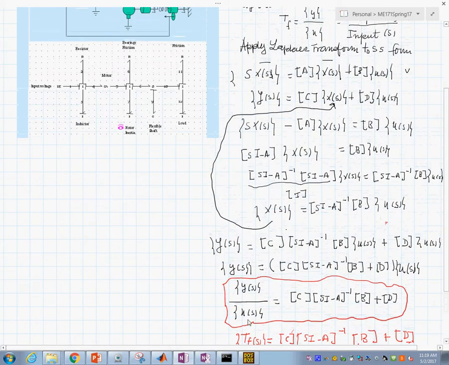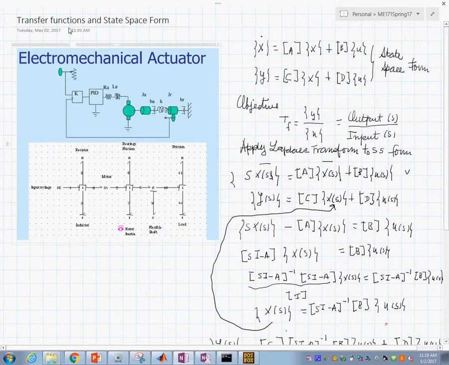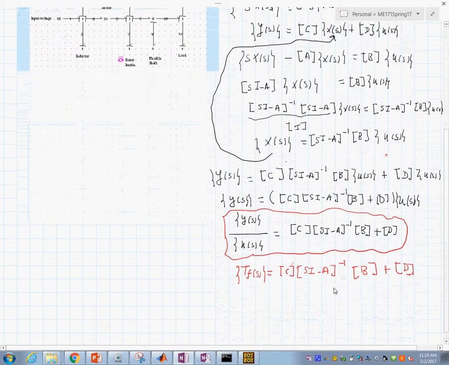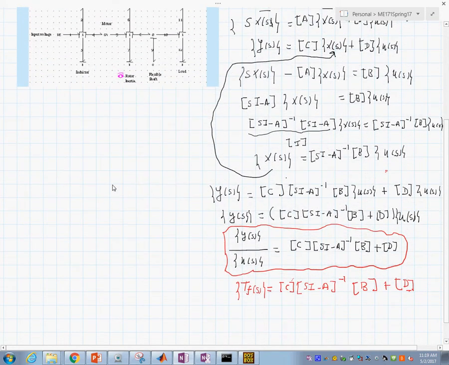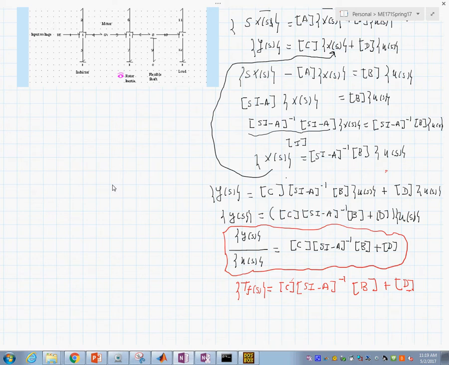So that's how we demonstrate this relationship between the transfer functions and the state space form. Why are we doing this? The reason is that we want to obtain transfer functions automatically.